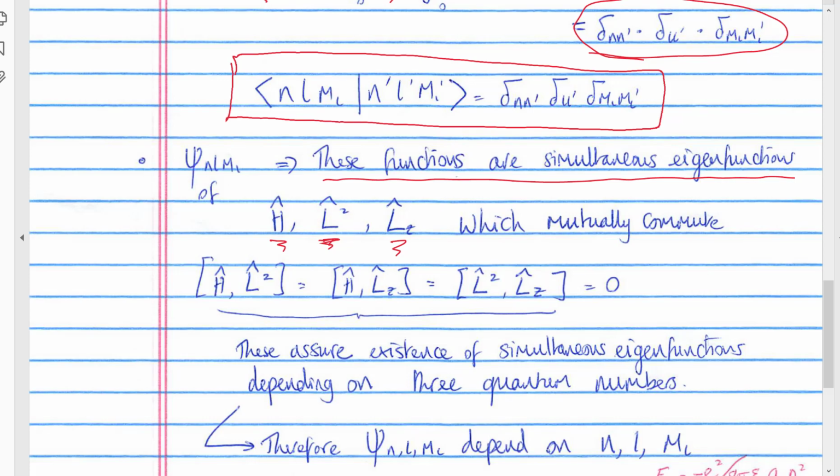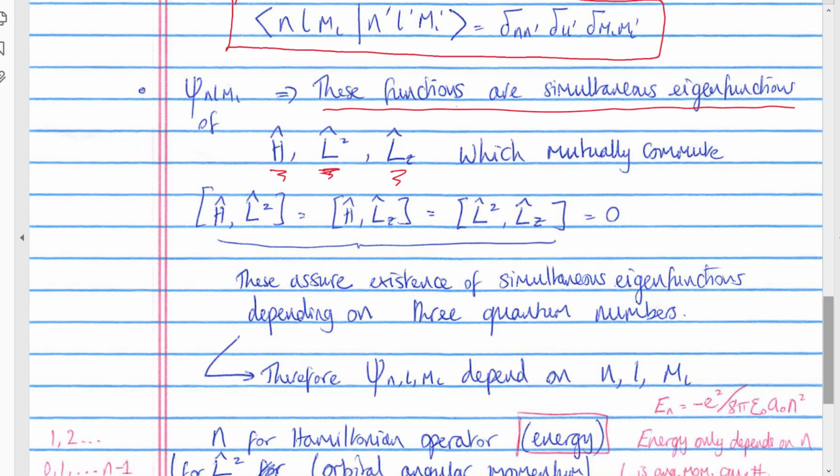It turns out that these operators mutually commute, and so how would we describe that mathematically? We're going to say that H hat, the Hamiltonian operator, does commute with the magnitude of the angular momentum operator squared, so that's equal to 0.